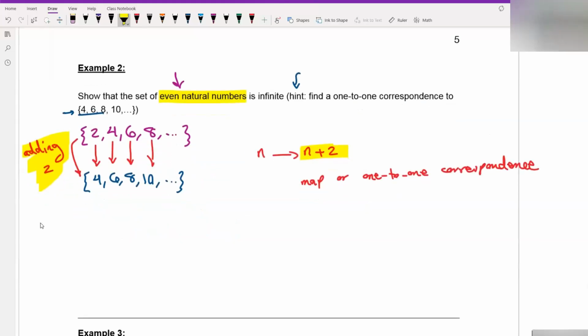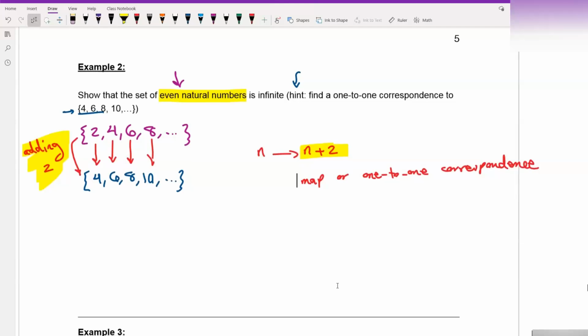Since we have this, this set is infinite, because we were able to find a one-to-one correspondence. Here n is for the natural numbers used, and these natural numbers start with 2, 4, 6, 8, because we had even numbers.